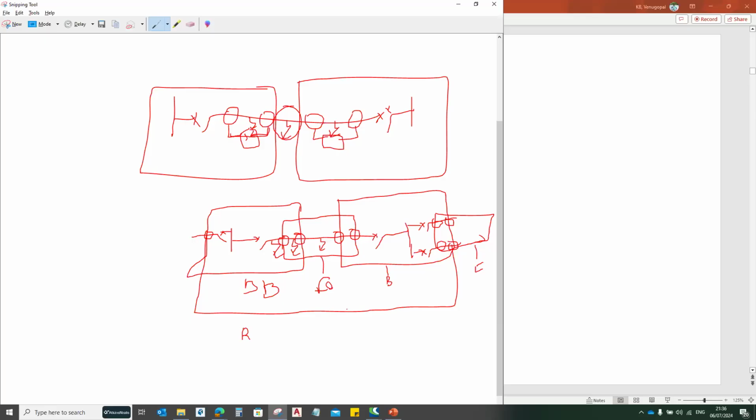But the protection functions included in that particular area will have settings placed. It can avoid maloperations when the fault is beyond the dead zones, and the settings will be such that it will operate if there is any fault within that particular area.